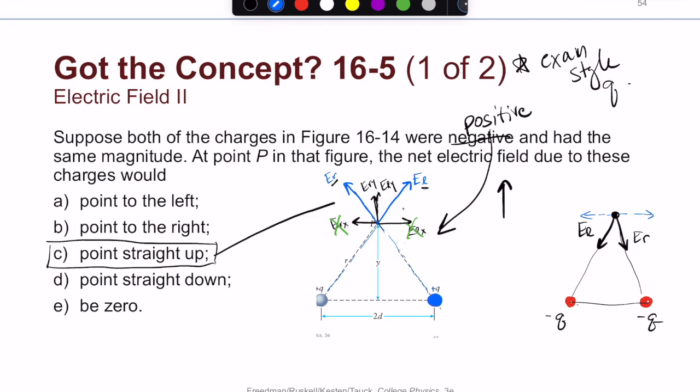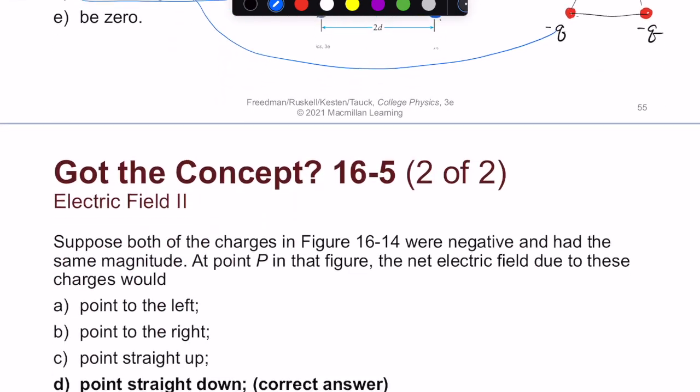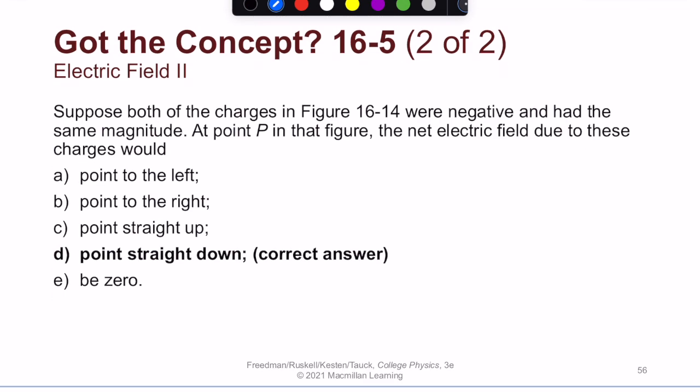Because one is in the negative x, one's in the positive x, and then net the y components of each one, they're going to be directly on top of each other, pointing directly down. So that's the correct answer for this conceptual problem. I'm sorry, I answered the wrong one. Okay, there we go, straight down.